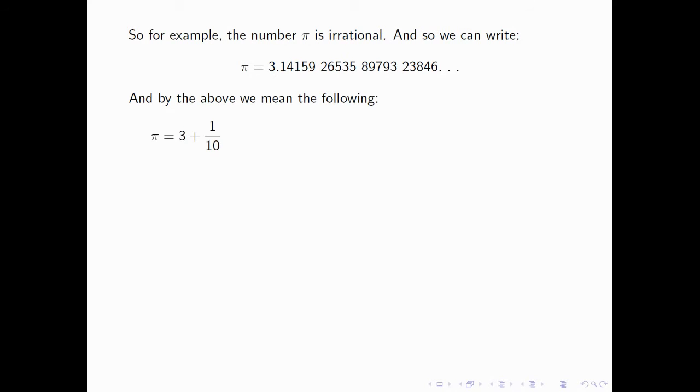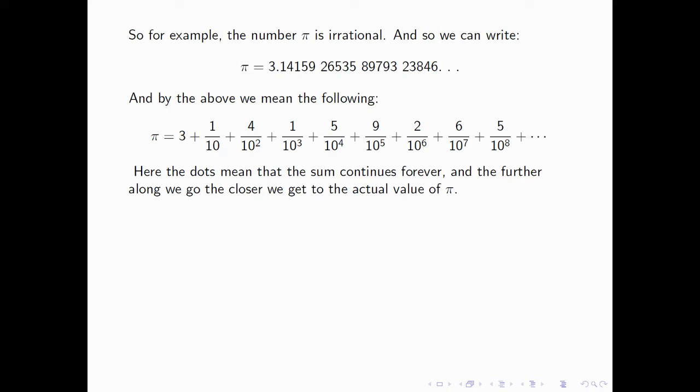Here's what we mean. We mean that pi is equal to the whole number 3, plus 1 divided by 10, plus 4 divided by 100, plus 1 divided by 1,000, plus 5 divided by 10,000, plus 9 divided by 100,000, and so on. 2 divided by 1,000,000, 6 divided by 10 million, 5 divided by 100 million, and so on.